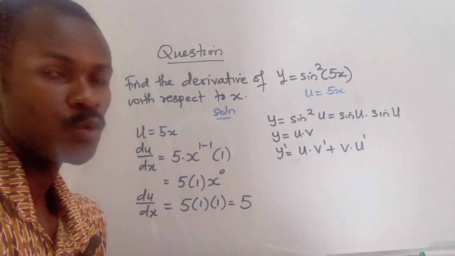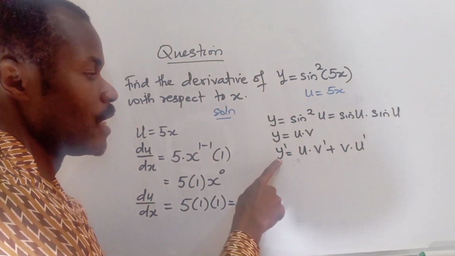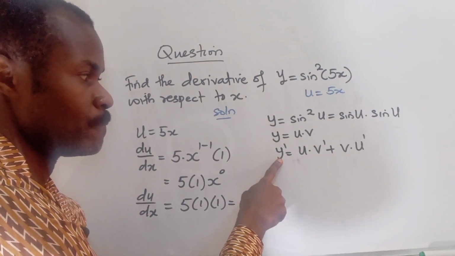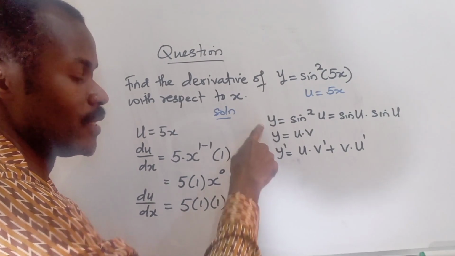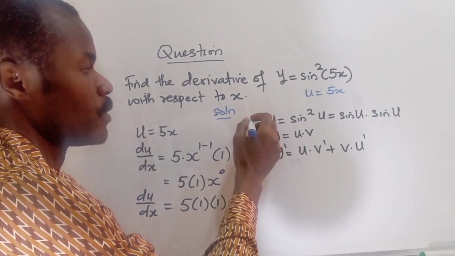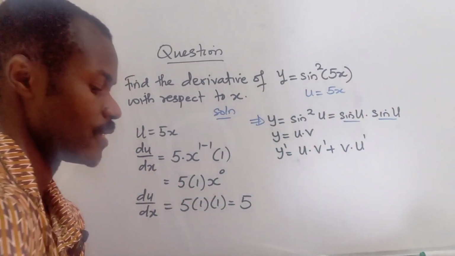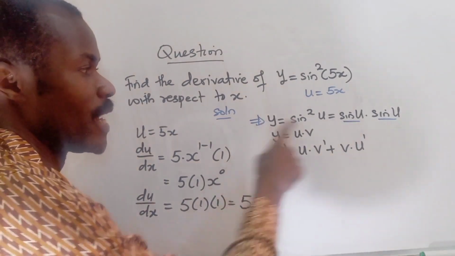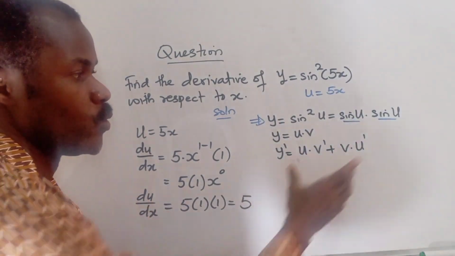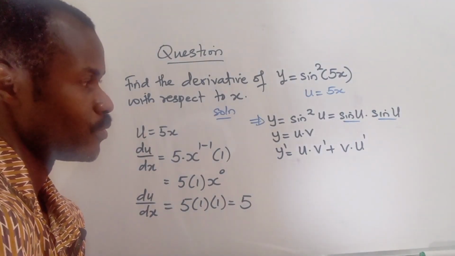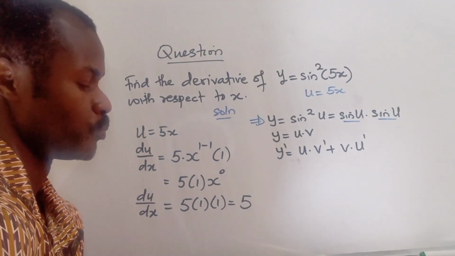Now the next thing we want to look for is dy over du, because we have the product of this and this. So we want to solve for dy du.